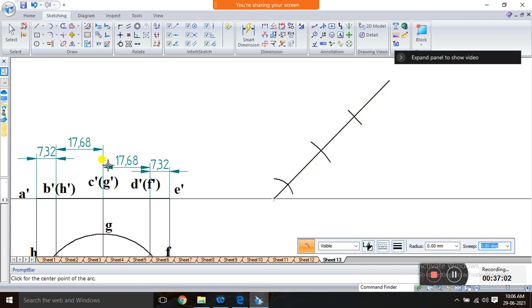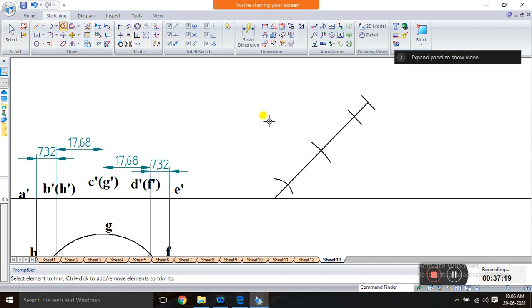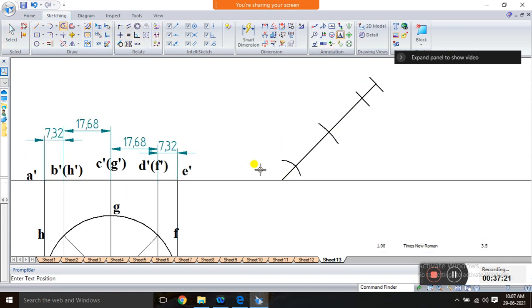And finally the last one, from A to E you have to stretch with the help of compass, and it should be 50 mm, that is the radius. Like this you have to cut the arc, and once the top view is over you have to name all the positions.